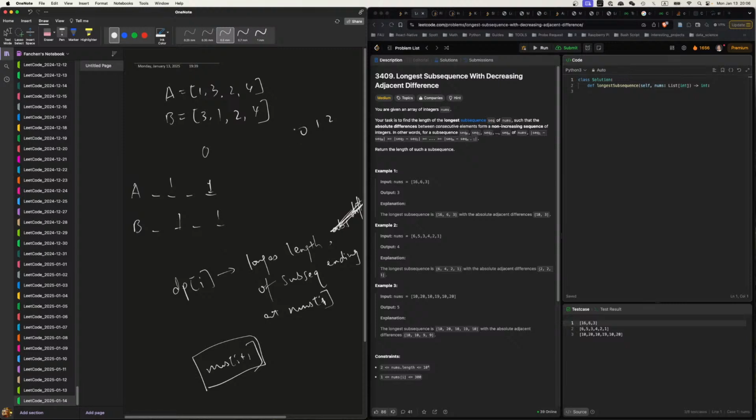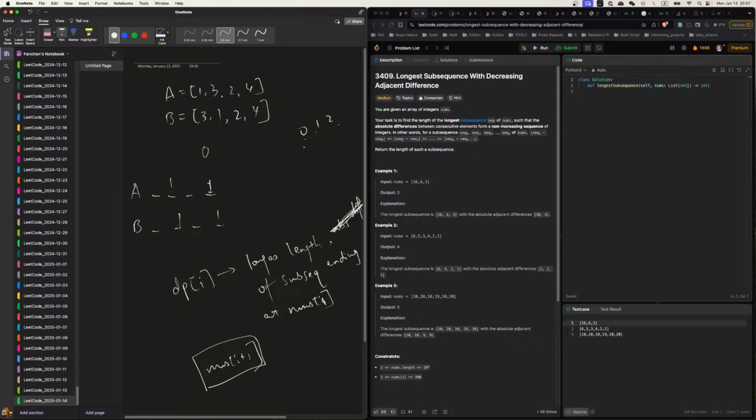Wait, hold on. What are we saying? Because it has to be decreasing, right? So if you say we want index, but for each number you have to go through all of them, right? The difference is 0, the difference is 1, the difference is 2.